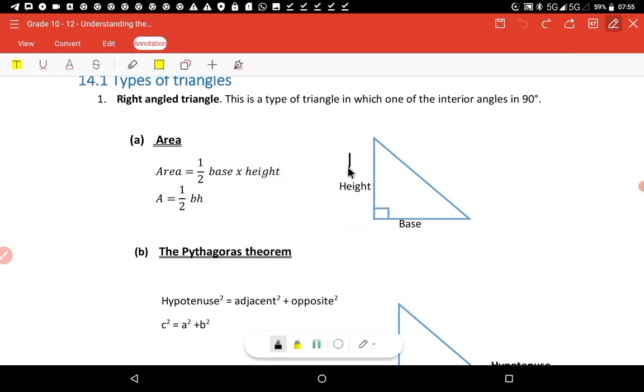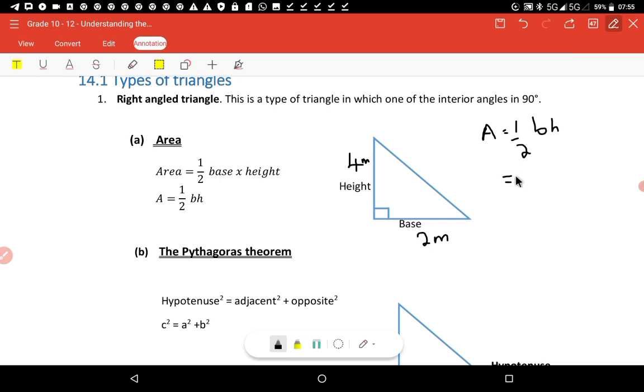So if your height is 4 meters and your base is 2 meters, and you want to calculate the area, you're going to say area is equal to half BH. B stands for the base, H stands for the height.